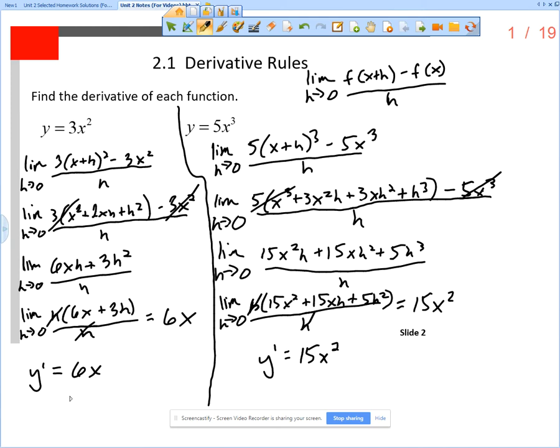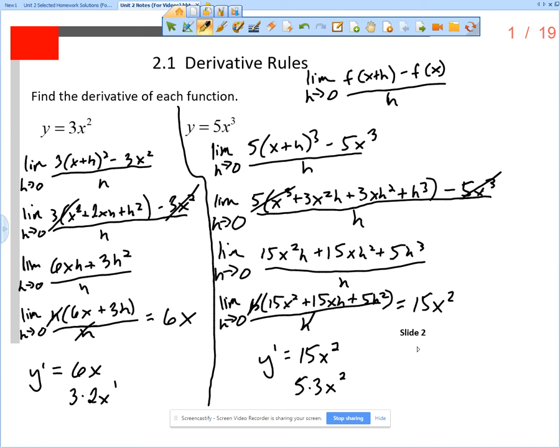In other words, it became 3 times 2x to the first, or 6x. And the second one, y was 5x cubed, and y prime became 15x squared. In other words, we would say 5 times 3x to the second. So, do we recognize a pattern?